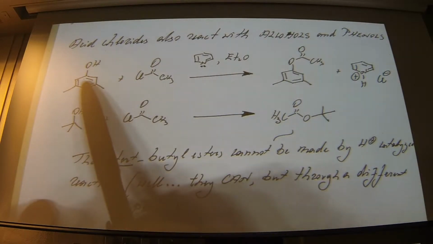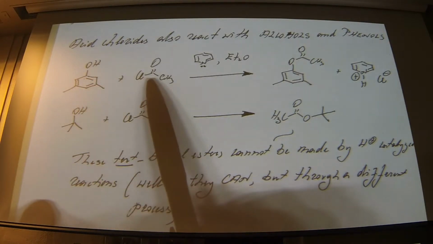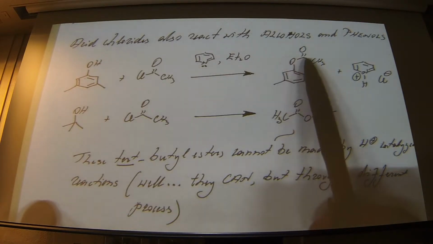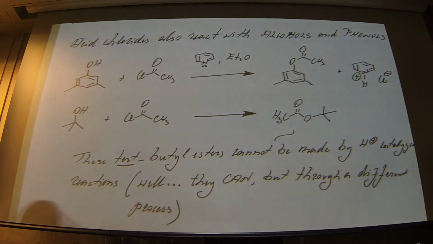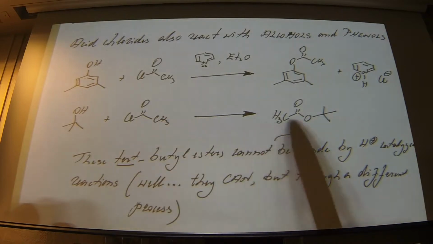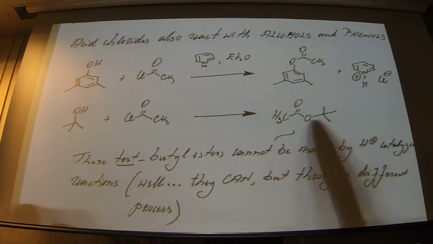For example, phenols, because they're not particularly nucleophilic, and so those conditions don't work very well. But they will react with acid chlorides, and they'll give aryl esters or phenolic esters. And tertiary alcohols, which will react with acid, also can be used with acid chlorides to form t-butyl esters.